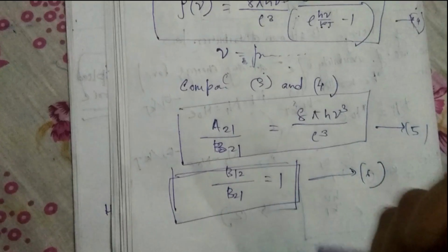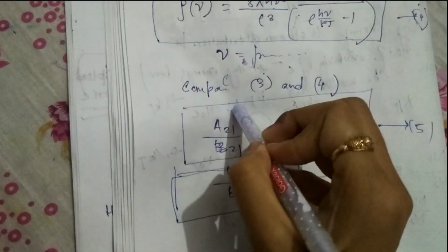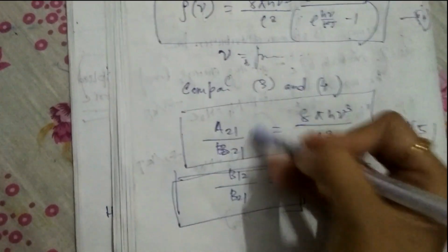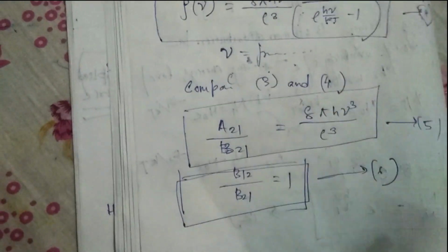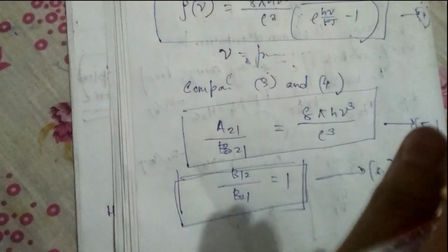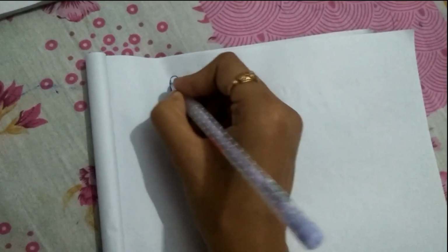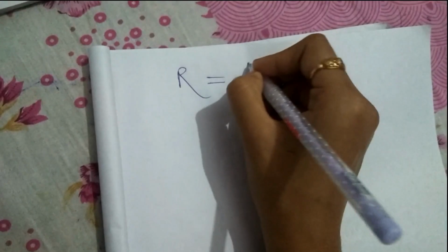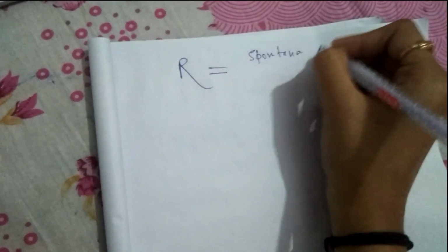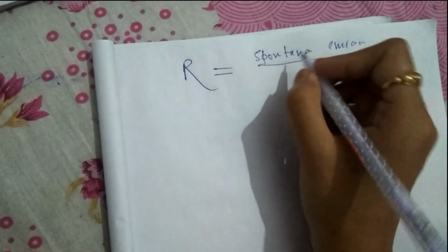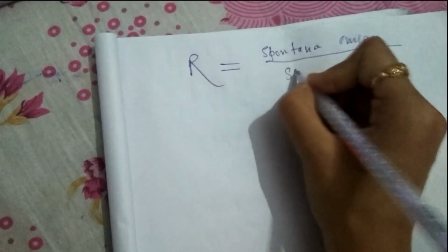Now we will derive some necessary conditions from these two equations, and these necessary conditions are called the Einstein coefficients to produce the laser light. Now R equals the ratio of spontaneous emission to stimulated emission.